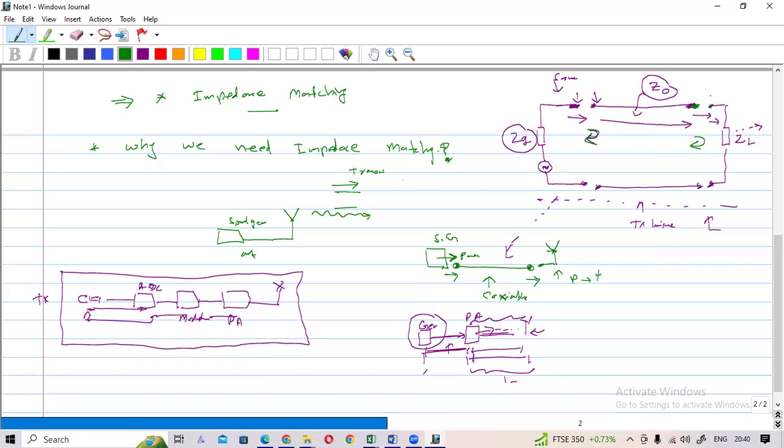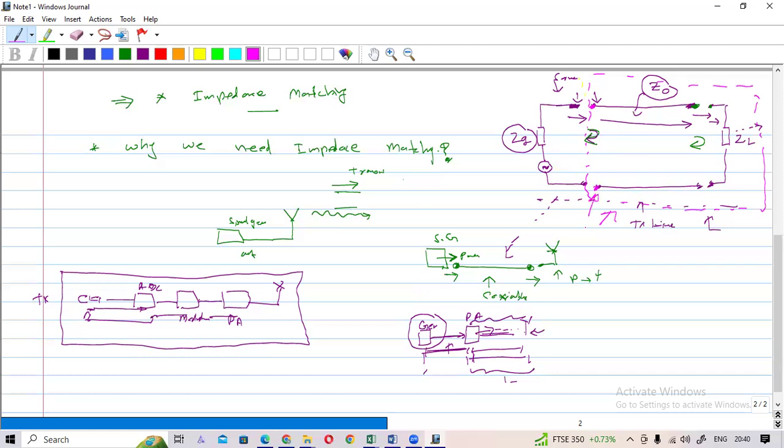And if you consider this total circuit, the load plus this transmission line, you consider this as one circuit and the source as another circuit, then you can calculate the input impedance here, no?